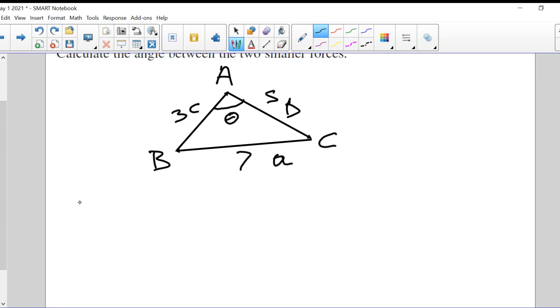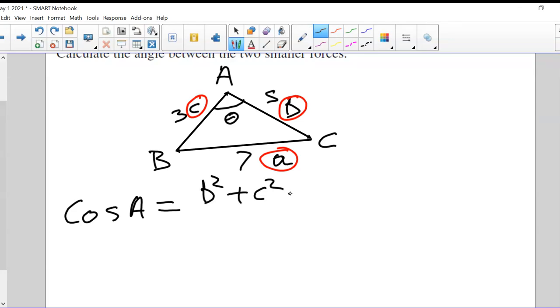It's going to say that the cosine of angle A is equal to the two sides that are around A. I'll circle them in red: the B and the C, minus the A. So it would be B squared plus C squared minus A squared, all over 2 times B times C. That is how we're going to figure this out using the cosine law.